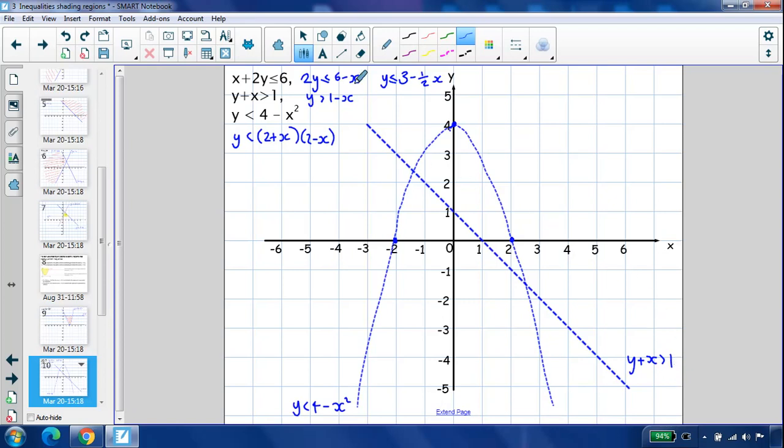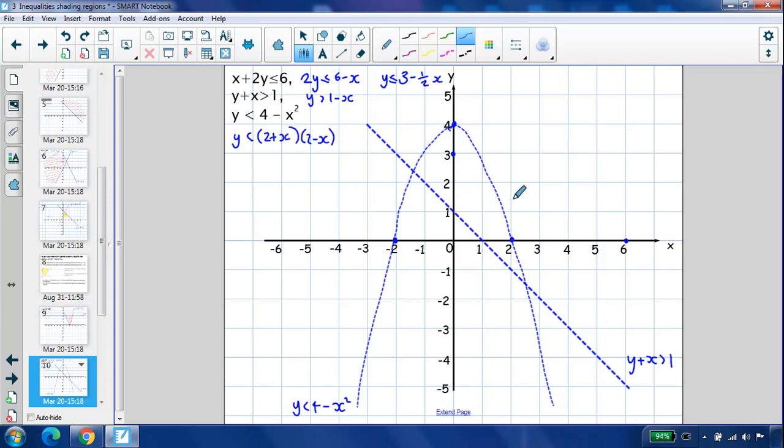And finally, the one at the top here, I'm going to have a solid line, and I've got the intercept being 3, and then I've actually got a gradient of minus a half. So it's going to be going from these 2 points like so.